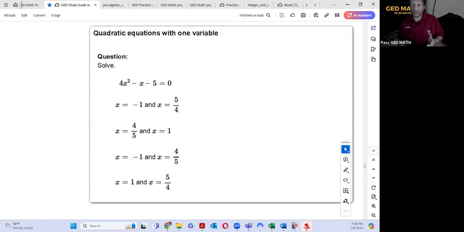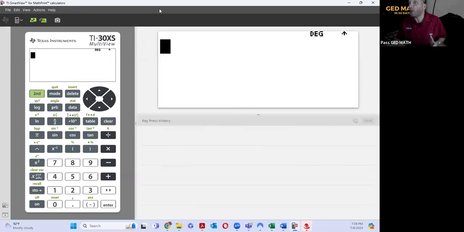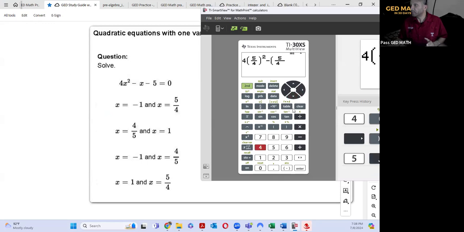Even if you don't understand what I just did, you can use your calculator another way. You can say 4 times 5/4 squared minus 5/4 minus 5.